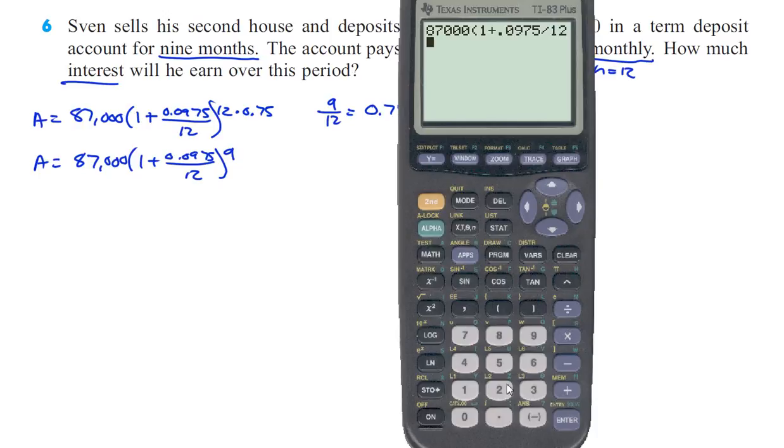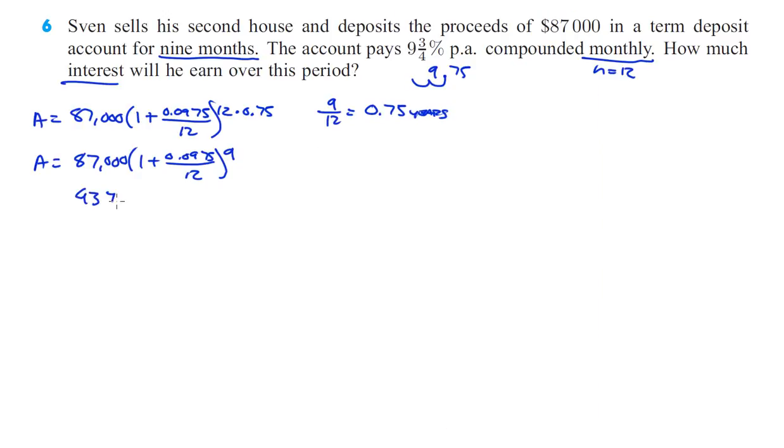Divide that by 12 and take that all to the 9th power, and we end up getting 93,572.60. Okay, so that's how much money Sven is going to end up with after those 9 months.